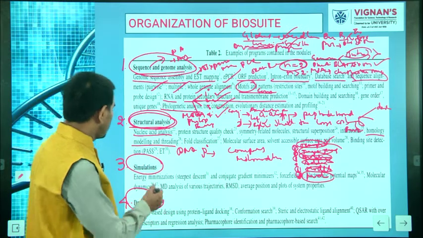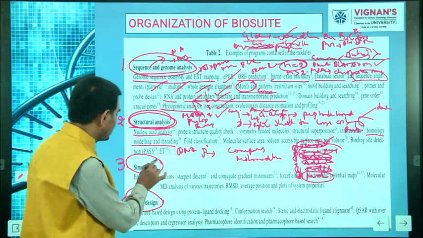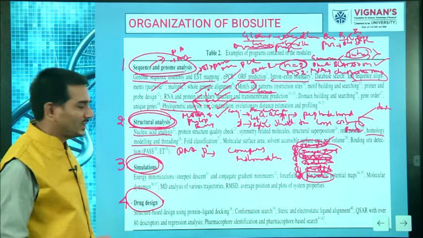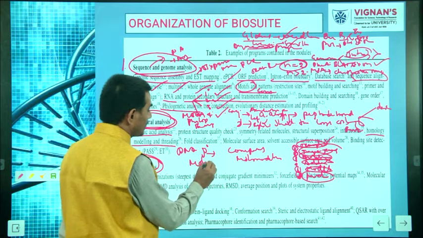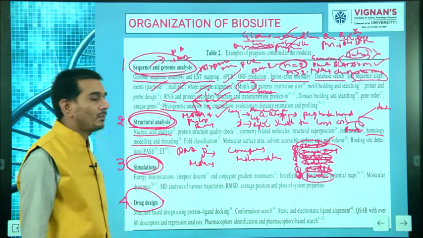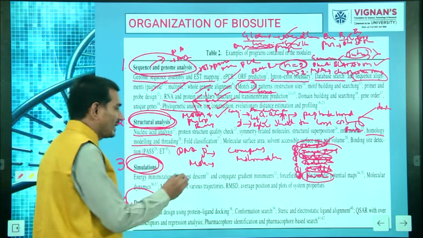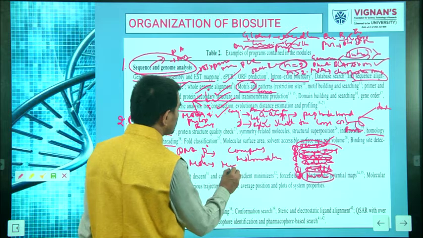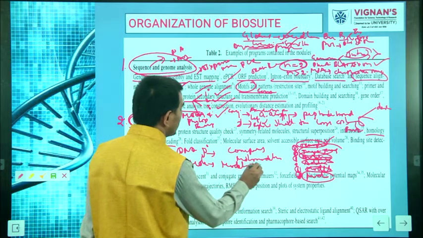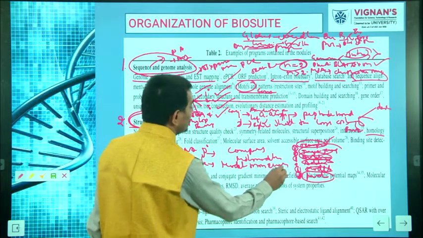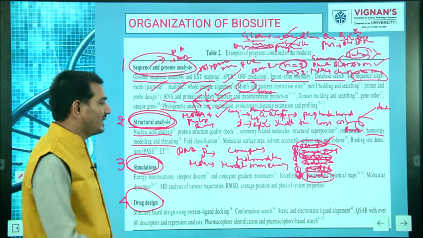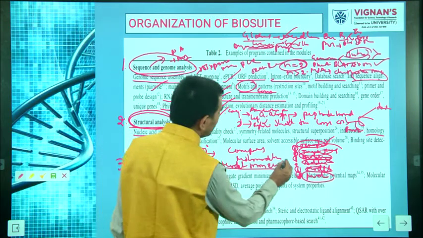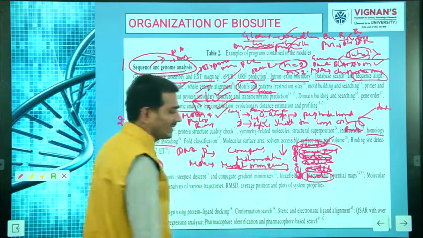And coming to the third module, which is simulation. Whenever we try to build a molecule using molecular modeling or homology modeling or comparative modeling, the model which is built should have minimum energy. As we all know, molecules with high energy are always unstable and they try to get stability by losing energy.